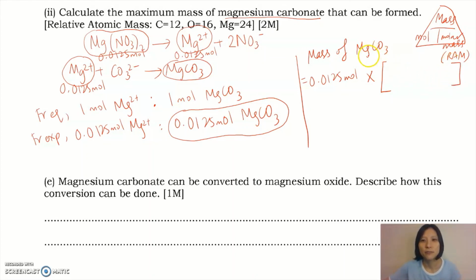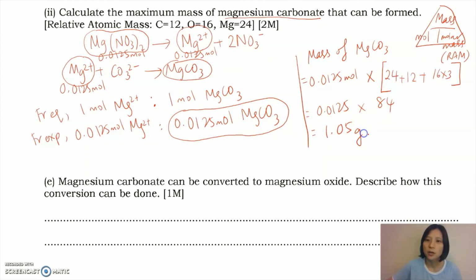The RAM for Mg is 24. RAM for carbon, refer to the question, is 12. The RAM for oxygen is 16, and there are 3 oxygens, so 16 times 3. Use your calculator. This total up will be 84, and the final answer is 1.05 gram. So this is the answer.